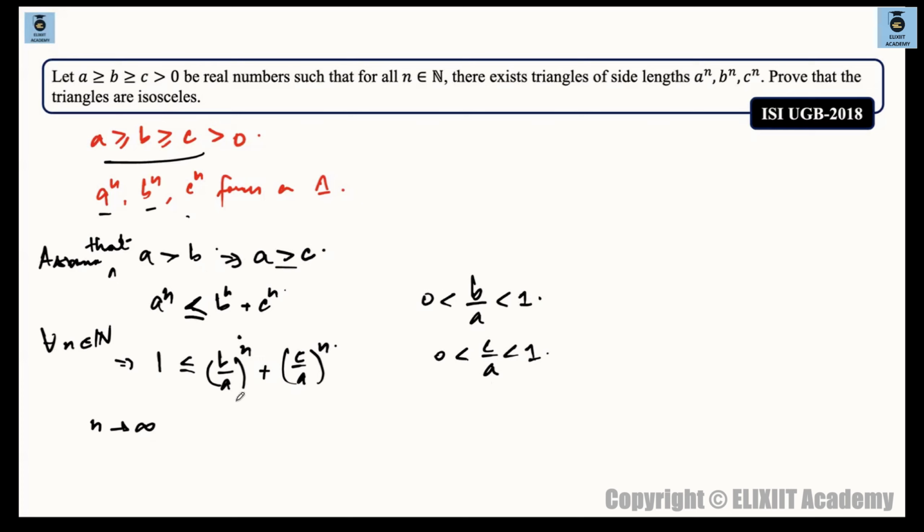So both of these quantities are tending to 0.